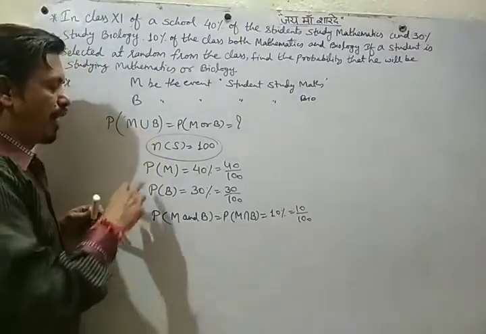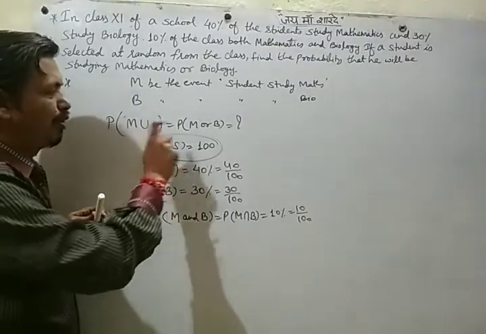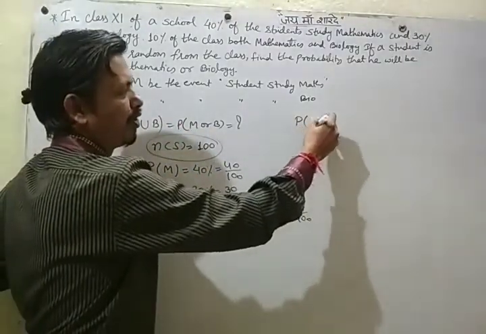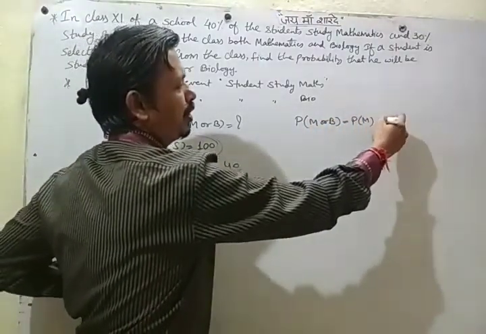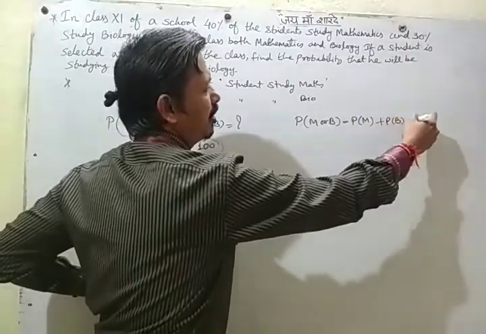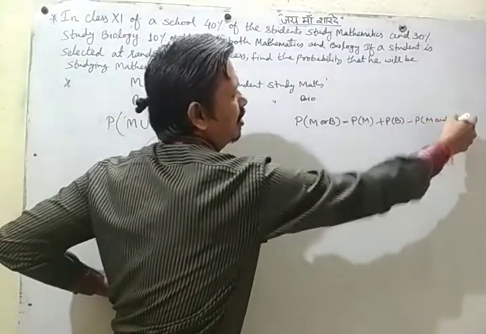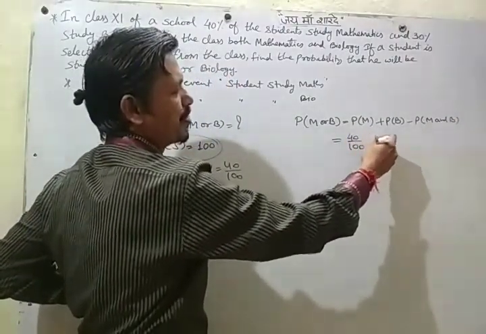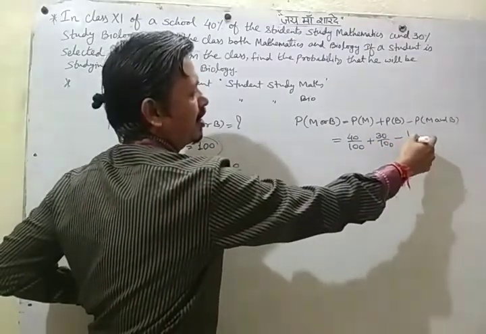So we have P of M, P of B, P of M and B. So can we find P of M or B? And we have the formula: P of M or B is equal to P of M plus P of B minus P of M and B. It is given 40 by 100, 30 by 100, and 10 by 100.